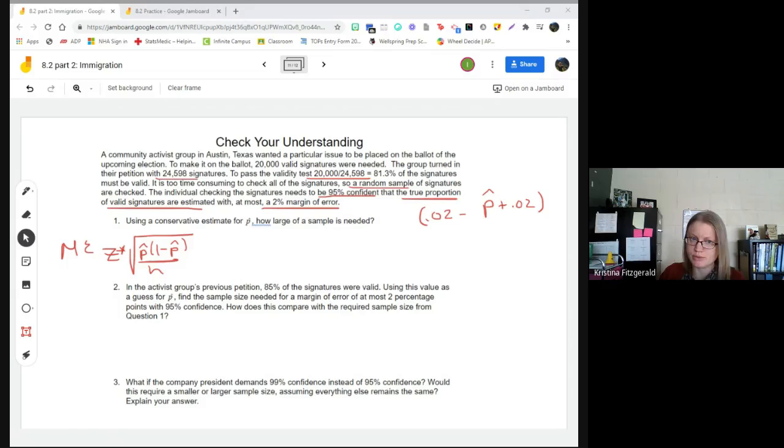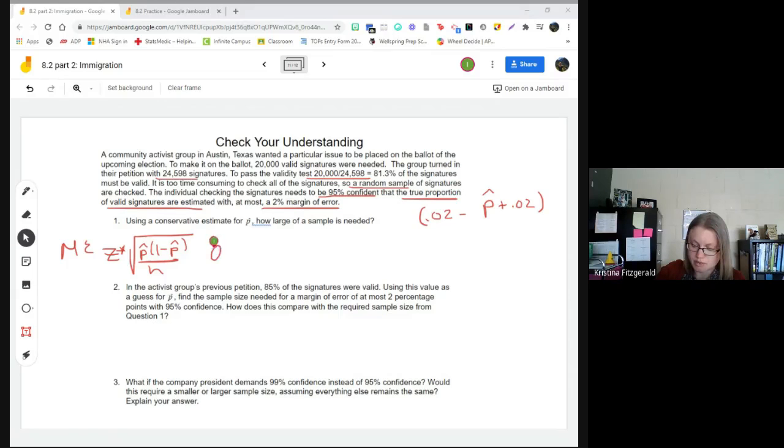So what we're going to do is use what's called a conservative estimate. So just assuming like 50-50, essentially. I don't have a sample that I've taken yet because I don't know my sample size. So we're just going to assume 50-50 shot of signatures being valid or not.